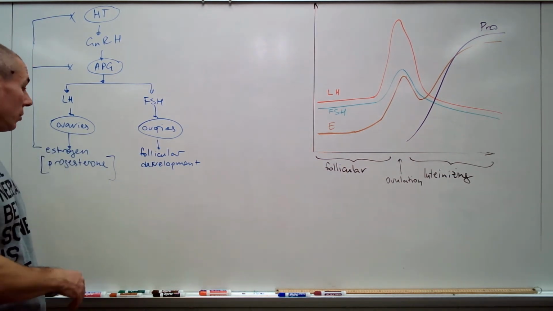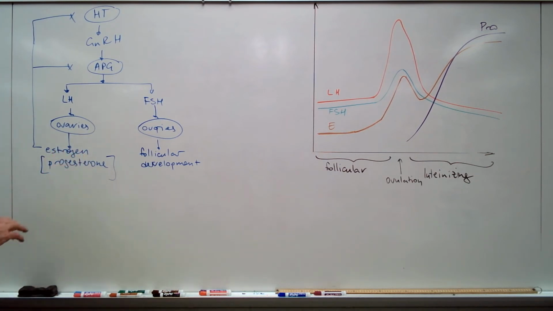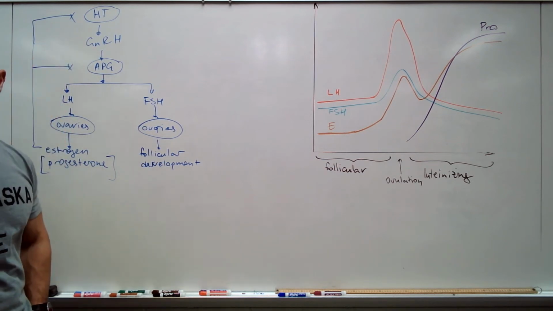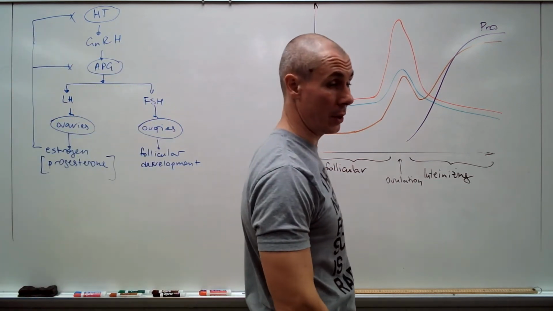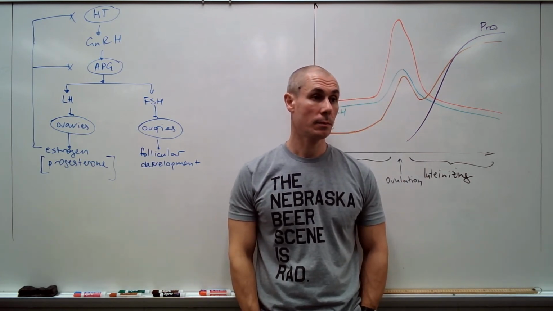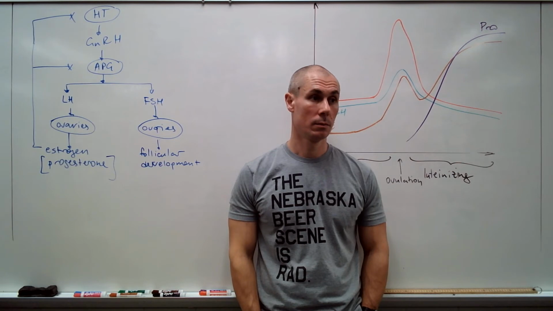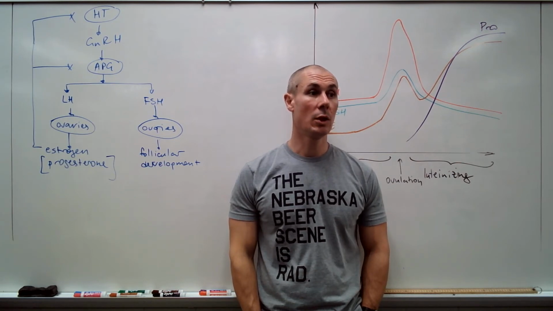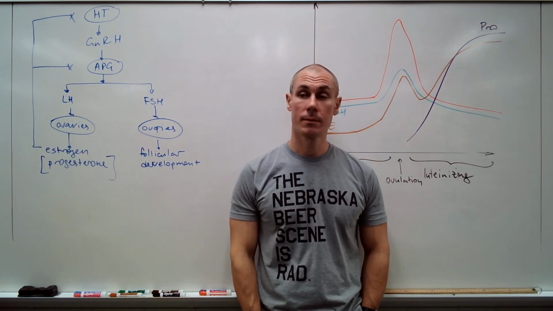So these large amounts of estrogen and progesterone suppress gonadotropins and suppress gonadotropin releasing hormone. So far we're good? The corpus luteum is left in the ovaries.